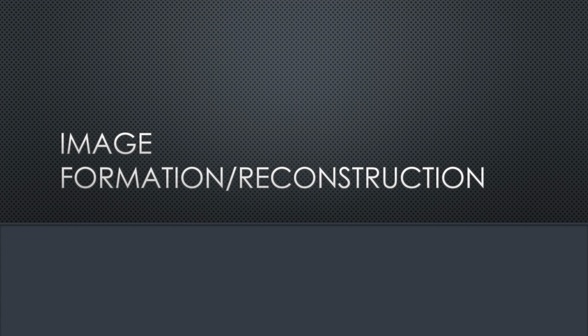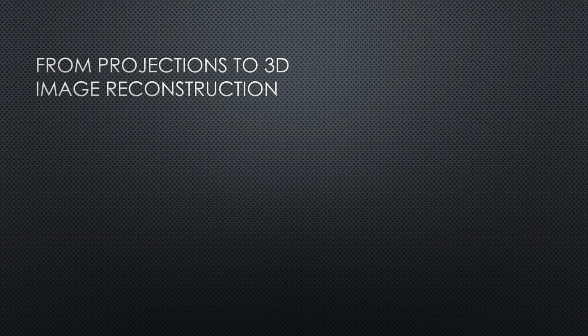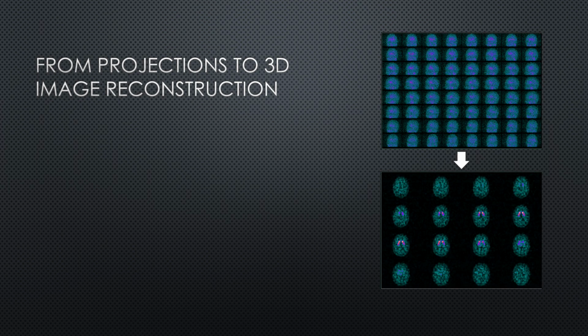We will now discuss the image formation and reconstruction on our SPECT CT systems. So how do we get our 3D images? How do we move from projections to a 3D reconstructed image? Well, there's been two ways that we've traditionally done this. The first is filtered back projection, which is now rarely used.